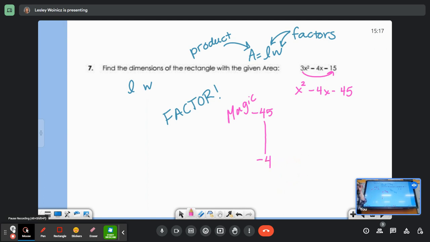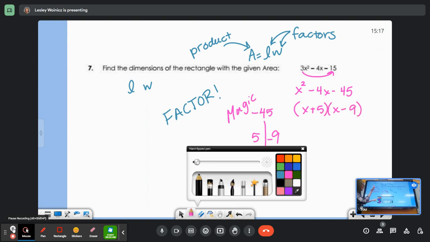Anything that ends in a 0 or a 5, I'm thinking 5. 5 times 9, and the 9 is negative. So now I have x plus 5 times x minus 9.